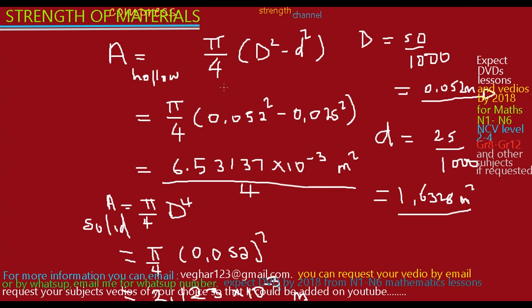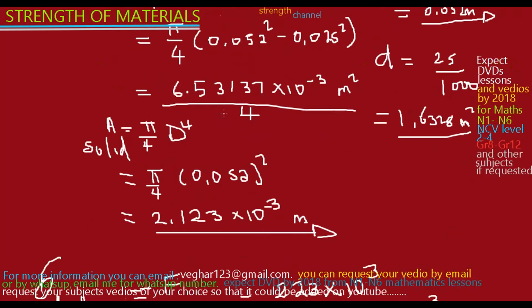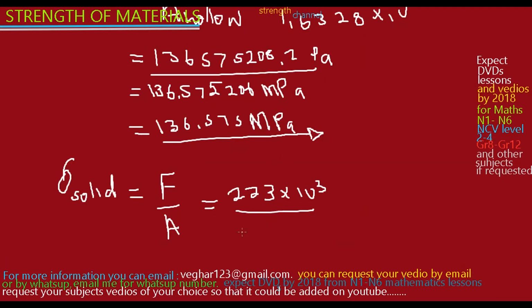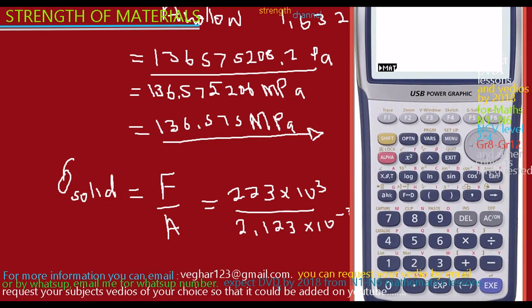And this is not the hollow, this is the solid. Solid is 2.123 times 10 to the negative 3. Let's calculate.